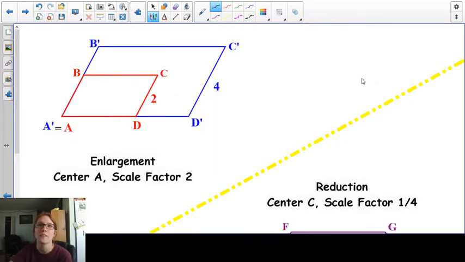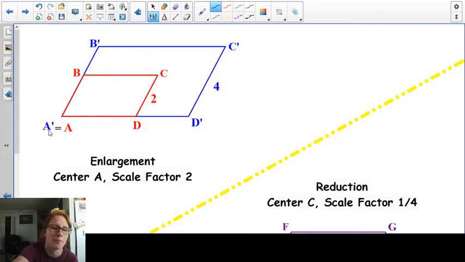Alright, so let's take a look at this first shape here, the red and the blue. This one's considered an enlargement. The reason being is, if you notice, my original shape is red. I have A, I have B, I have C, and I have D. My changed shape is the blue one. It's got this A prime. I know it looks like A apostrophe, and you're like, how do you even say that?